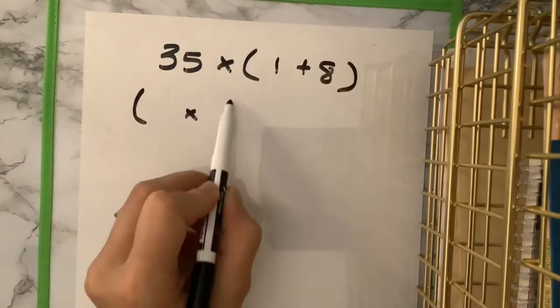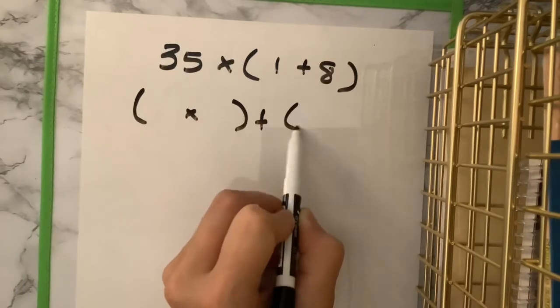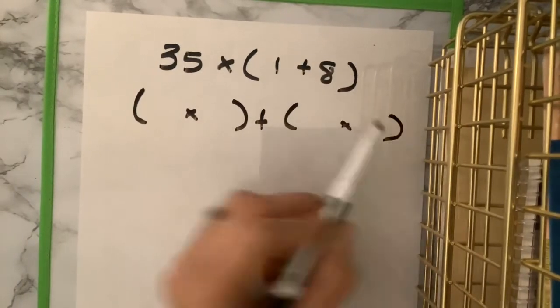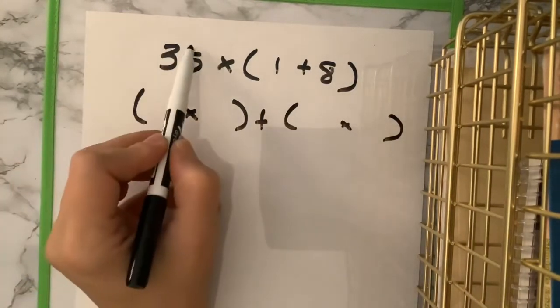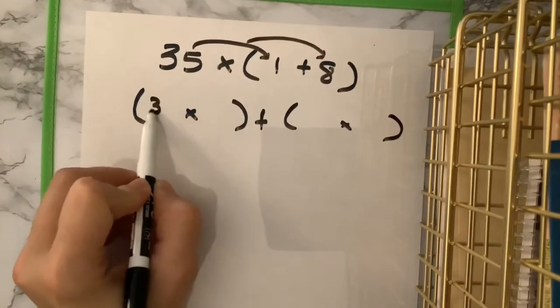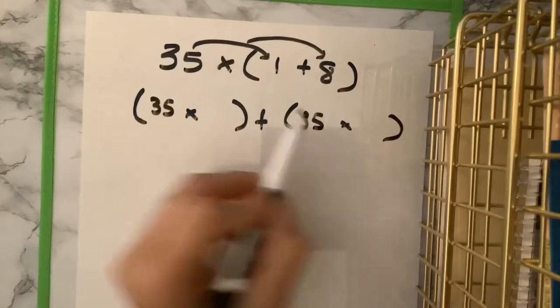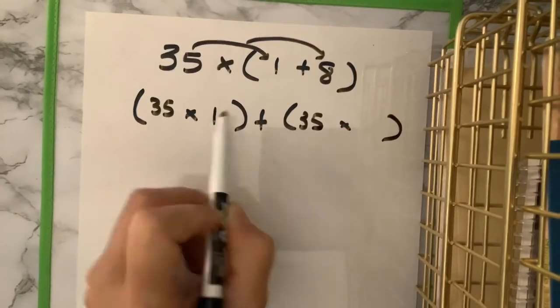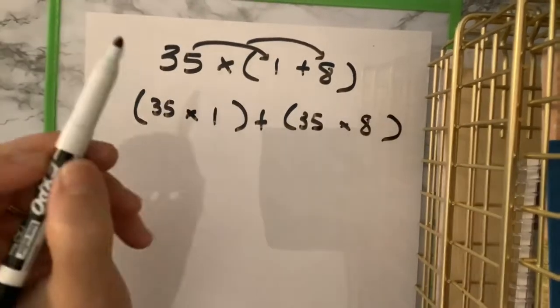Again, as you're ready, pause. Try it without waiting for me to show you. The 35 should be in both. And then we have 1 and 8.